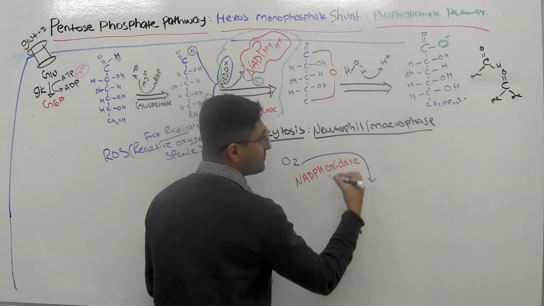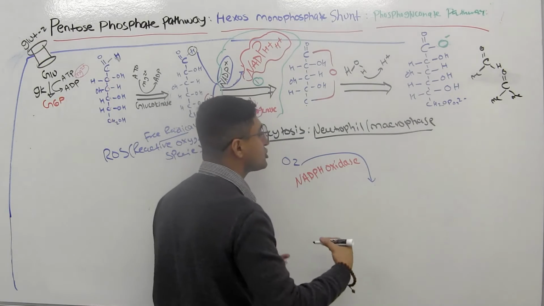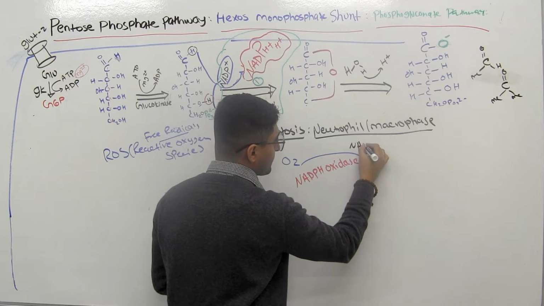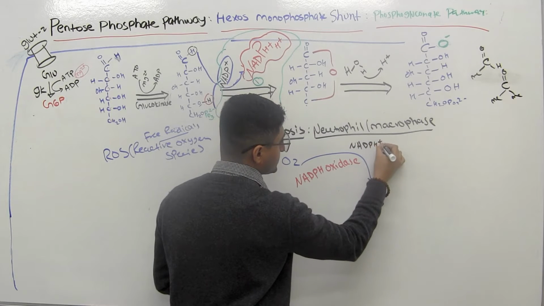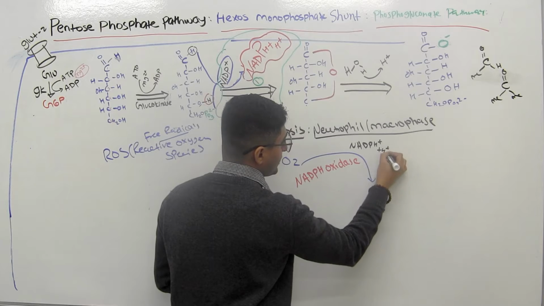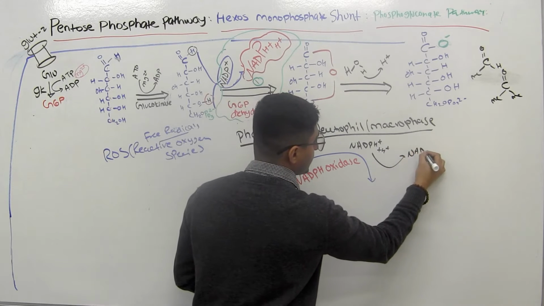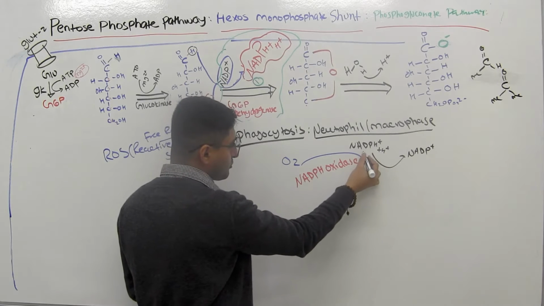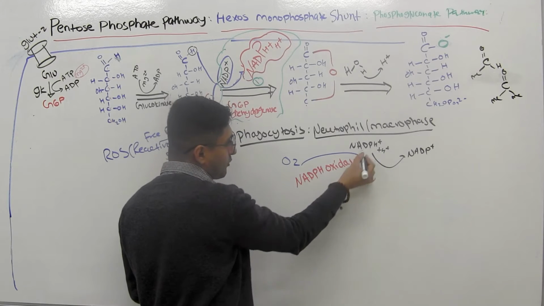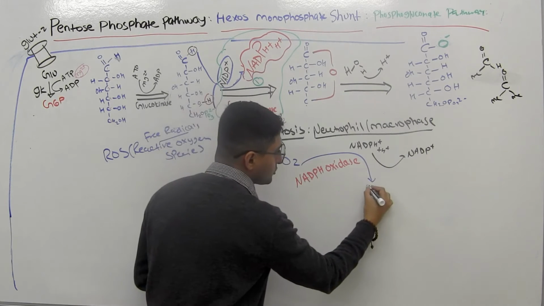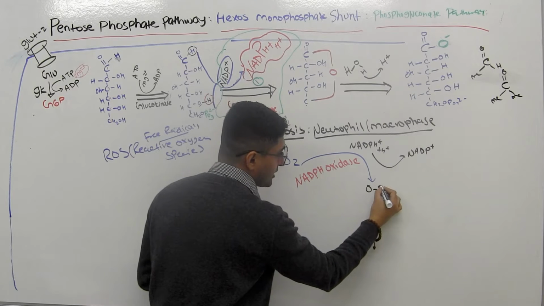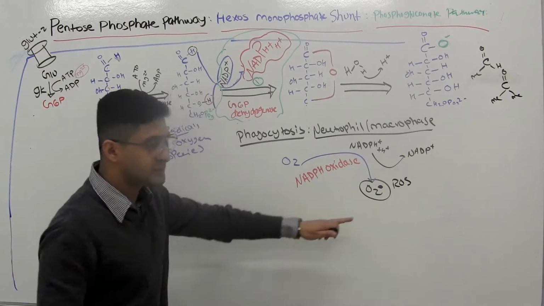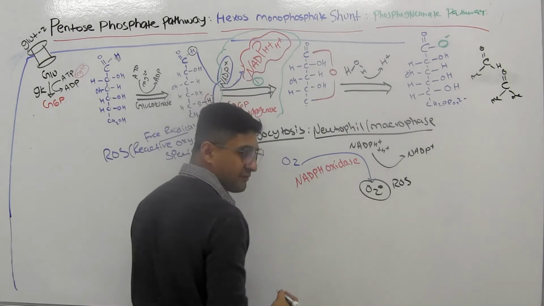Remember, NADPH is a reducing agent, a donor. So it takes from there, so it becomes NADP plus and H plus. It takes 1 electron and puts it on the oxygen here. Now this is my free radical. This is my reactive oxygen species.